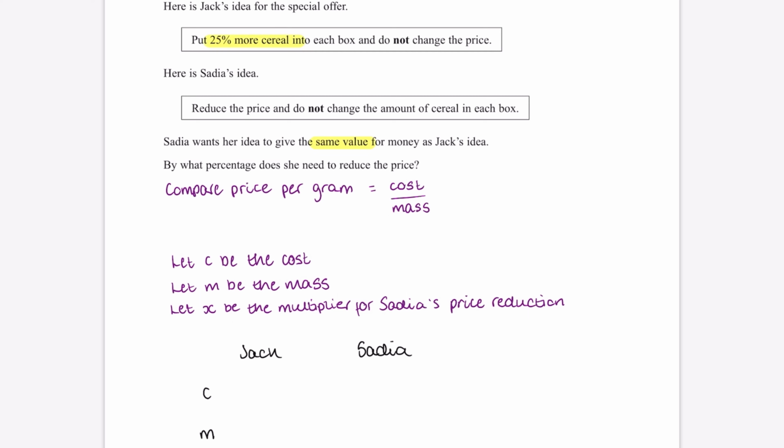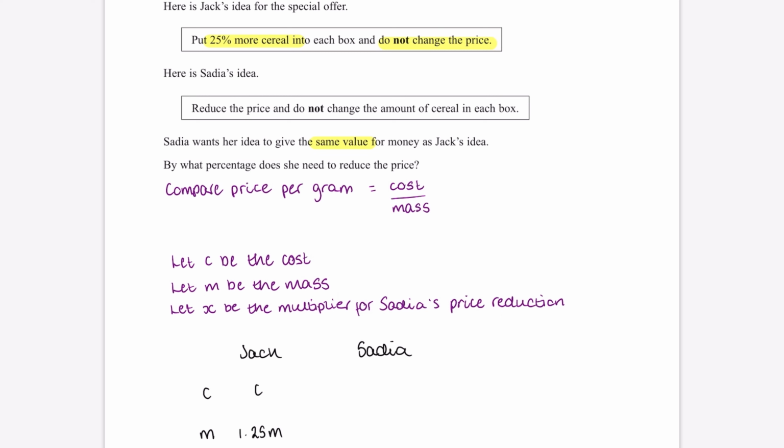So the mass of Jack's cereal box will be 1.25 times the normal mass. And if the normal mass is M, then Jack's cereal box will be 1.25 M. And we've been told that Jack does not want to change the price. Because we let C be equal to the cost, the cost of Jack's cereal box will be C.